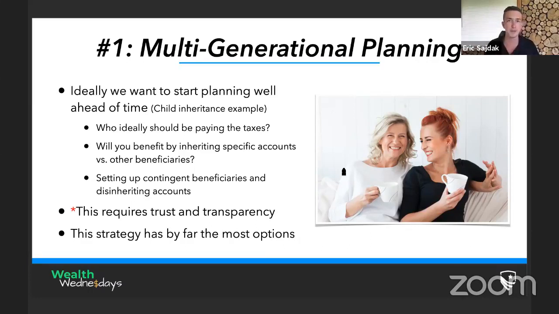Well, if each of those beneficiaries are in a different tax situation, and let's say that Ray's situation is the worst tax planning wise, well, maybe it benefits Ray the most to get the Roth IRA, even if the Roth IRA is $350,000 versus $500,000, or $400,000 versus $500,000. Maybe it makes sense for Ray to get the taxable account, because if you pass on a taxable account, there's a step up in basis.